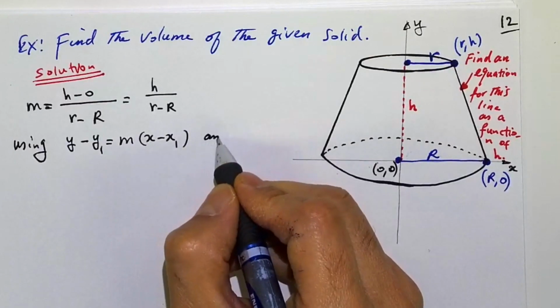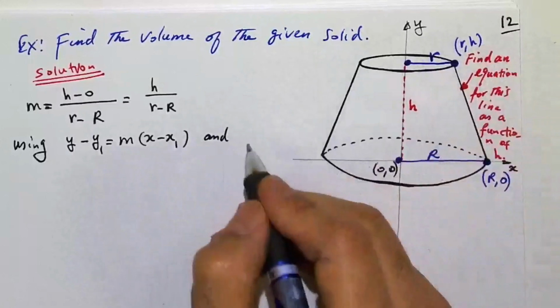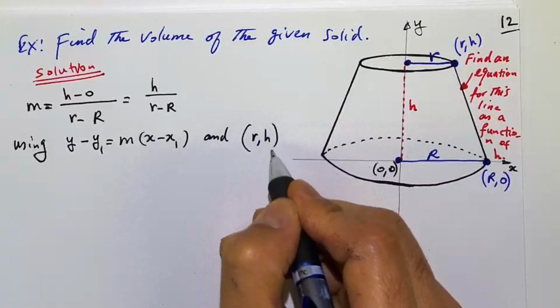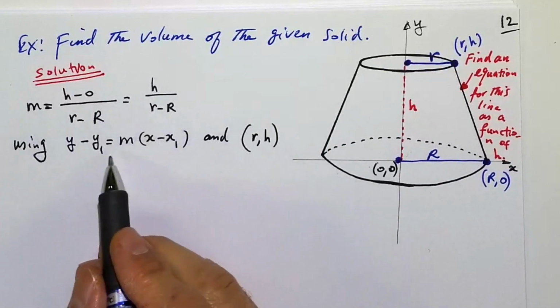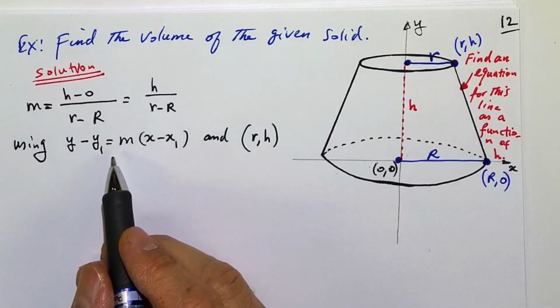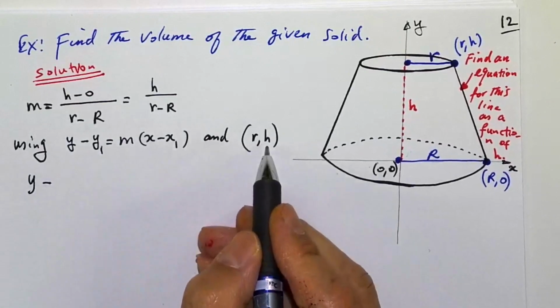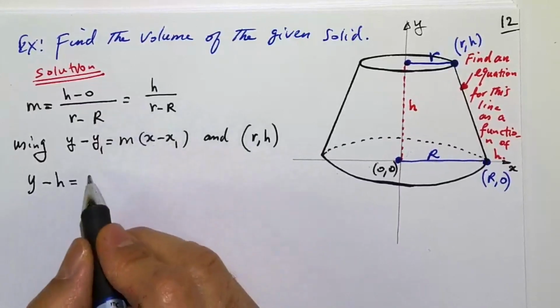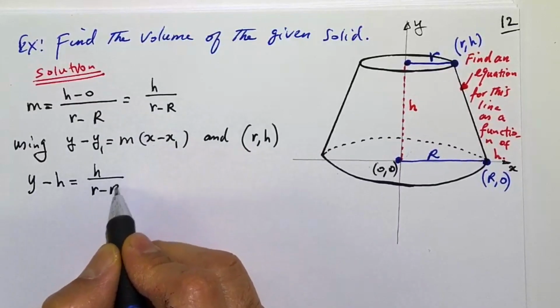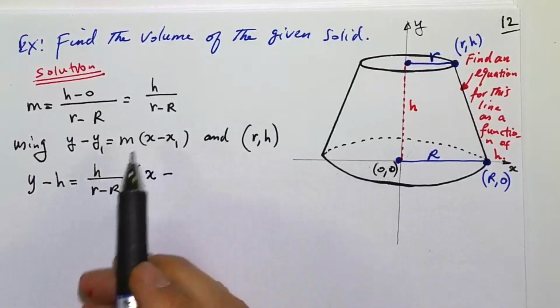And pick one of these points, so we can pick that one, r comma h, and that slope that we just calculated, we can find this line. So y minus h equals that slope times x minus, of course, r.